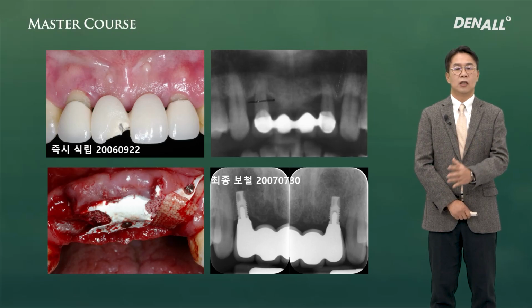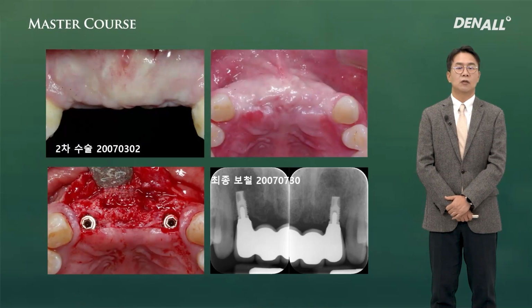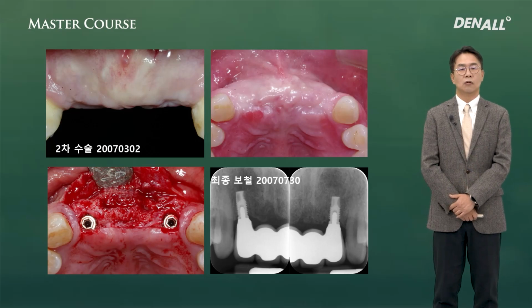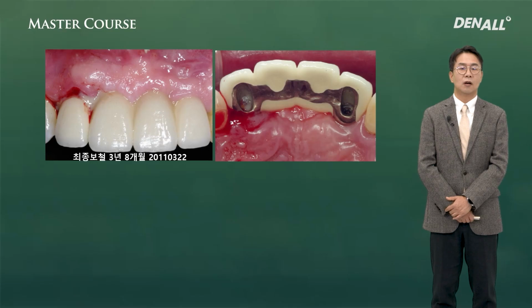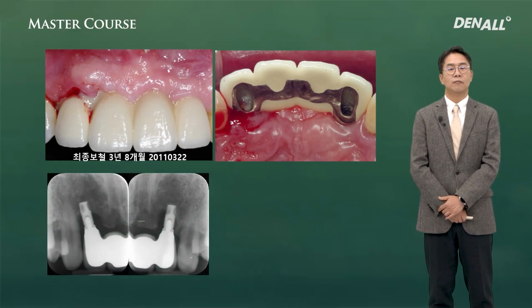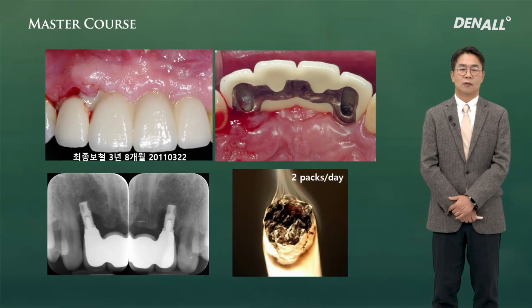Implants are placed, then the prostheses were pretty good, and the bone is regenerated. About 3 years later, inflammation occurred. We were surprised what happened, but the patient smokes 2 packs a day.